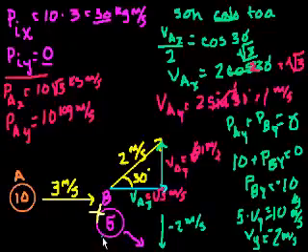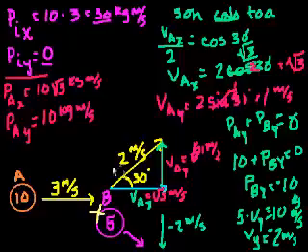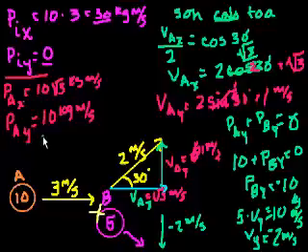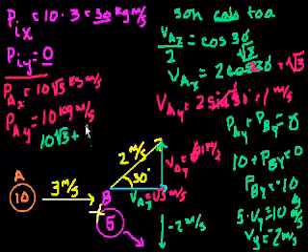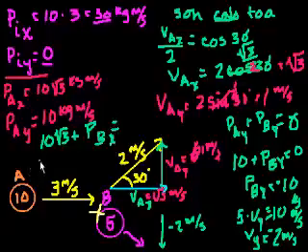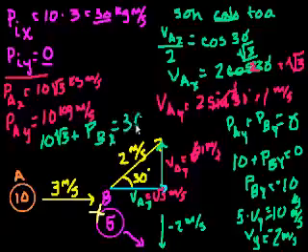So now let's figure out the velocity of B in the x direction. And I'm running out of space and it's getting messy. But we just have to remember that the momentum of A in the x direction, which is 10 square roots of 3, plus the momentum of B in the x direction has to equal what? It has to equal the initial momentum in the x direction, which is 30.